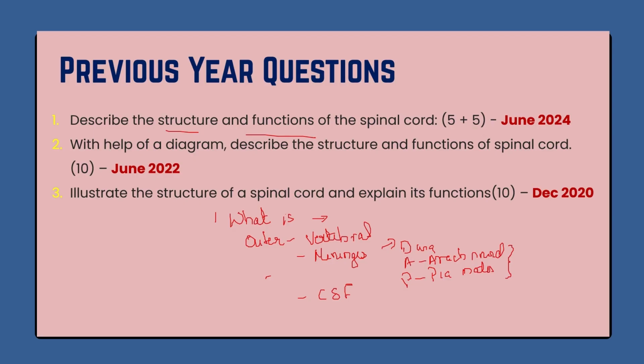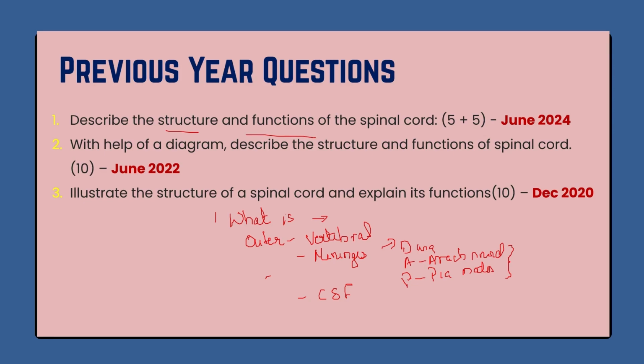Then we can write about the fissures and sulci. After that, you come inside and there you have the gray matter and the white matter. You have to write what is the white matter, what is it composed of, and then write about the gray matter and what is it composed of. Then you have to write about the ascending and descending tracts which you find in the white matter. You don't have to name all of those.